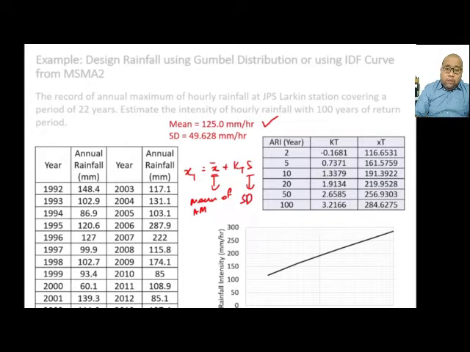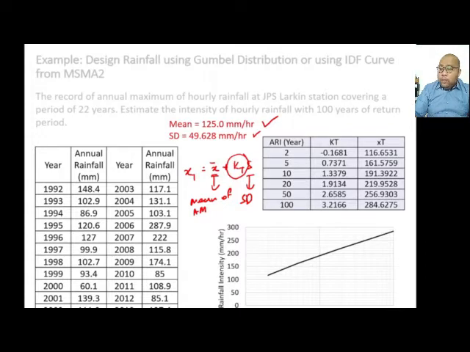You substitute into the formula of the standard deviation, and for this case I use Excel. You just type the standard deviation function and select all the column, and it will give you the value, which is 49.628 millimeter per hour.